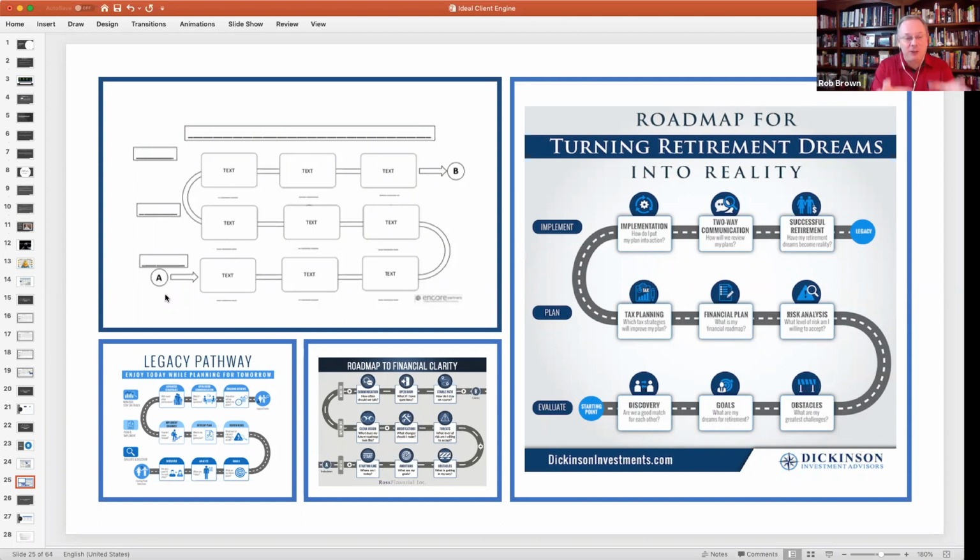You can take a blank sheet of paper, just write those boxes onto the paper, and you can begin to create a roadmap that looks like this, that allows you to clearly communicate, shift number 3, clearly communicate your unique client proposition.